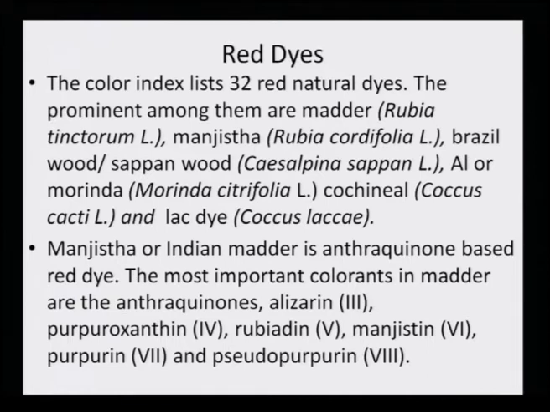Manjistha or Indian madder is an anthraquinone based red dye. The most important colorants in madder are the anthraquinones, which are alizarin, purpuroxanthin, rubiadin, munjistin, purpurin, and pseudopurpurin. So, these all make the color which is obtained from madder, Indian madder or Manjistha. Now, it is not that natural dyes occur as isolated molecules.